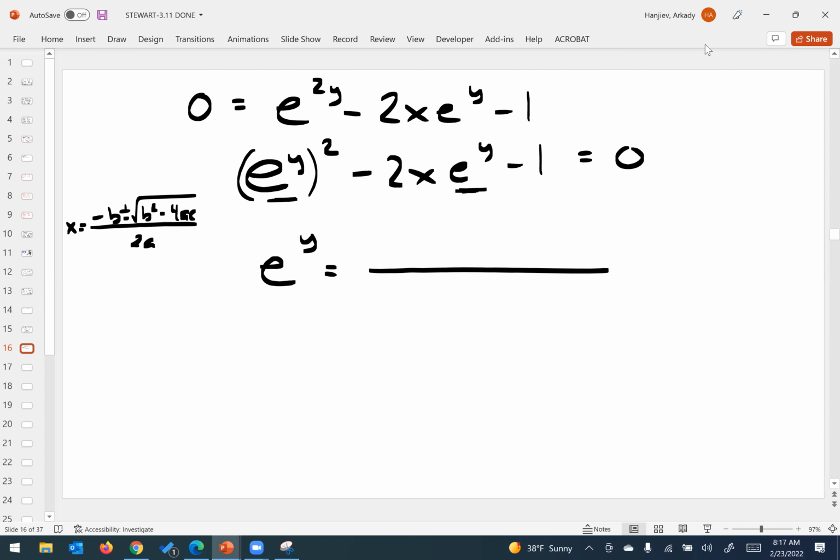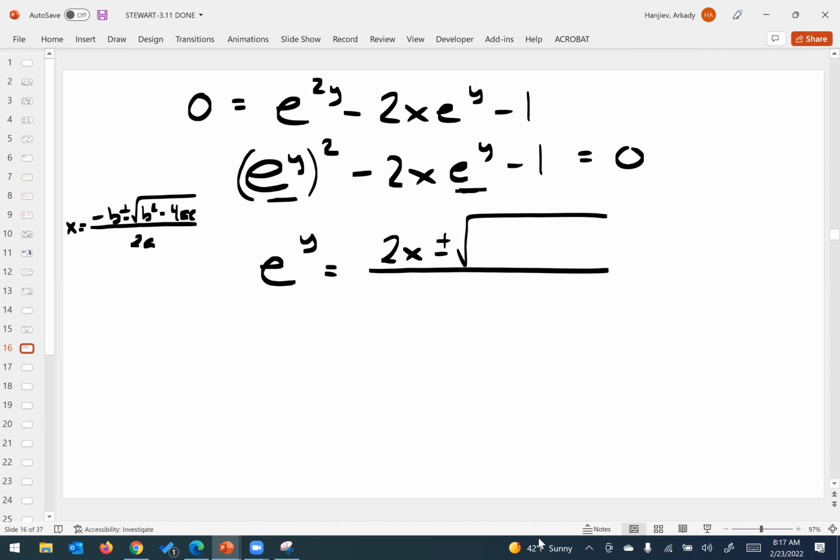But you guys are calculus students. You guys have memorized that like crazy already. So opposite of the middle term, so negative of a negative 2x is a positive 2x, plus or minus the square root of that thing being squared.